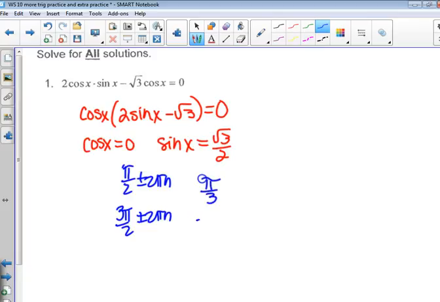Pi over 3 and 2 pi over 3. Yep. And if it didn't say all solutions, we wouldn't need all those plus or minus things on the back, right? If it just said 0 to 2 pi, we would have just had 4 answers without any pluses or minuses.